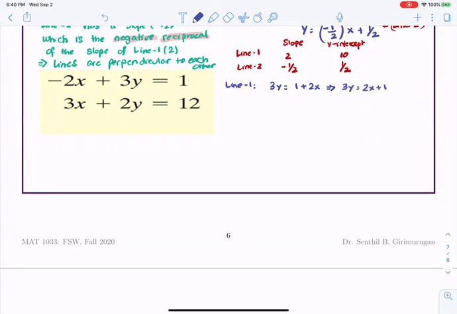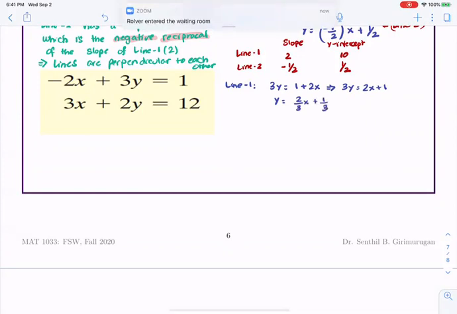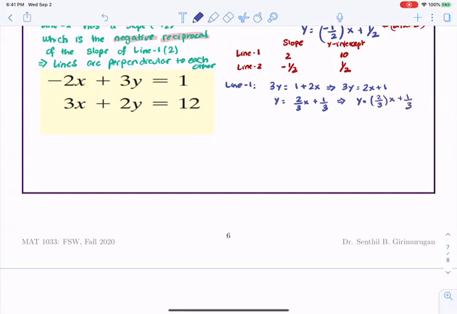Rearranging the terms. Now I divide by 3 on both sides, so y would be equal to 2 over 3 times x plus 1 over 3, which means the slope is 2/3 and the y-intercept is 1/3.